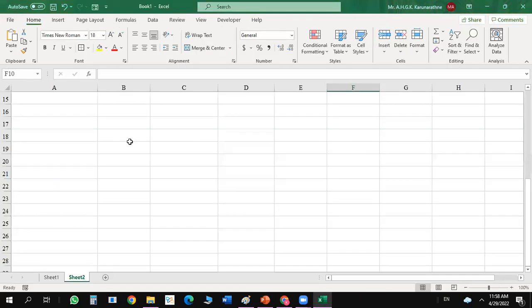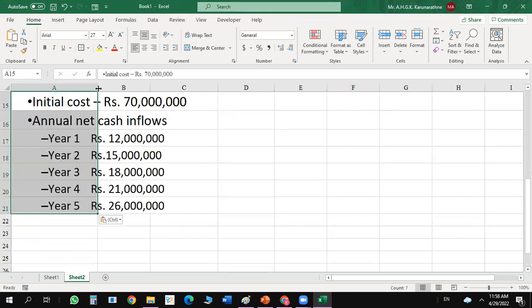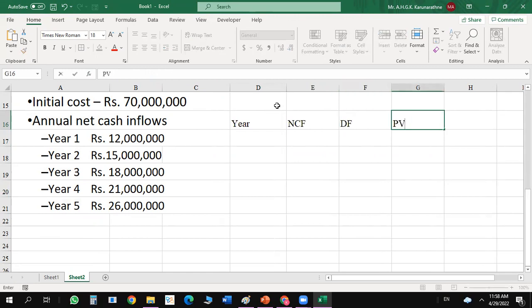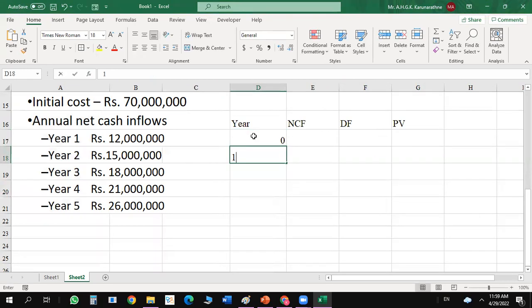So we put the information somewhere here, net cash flow and discount factor, present value. Year 0, 1, 2, 3, 4 and 5.